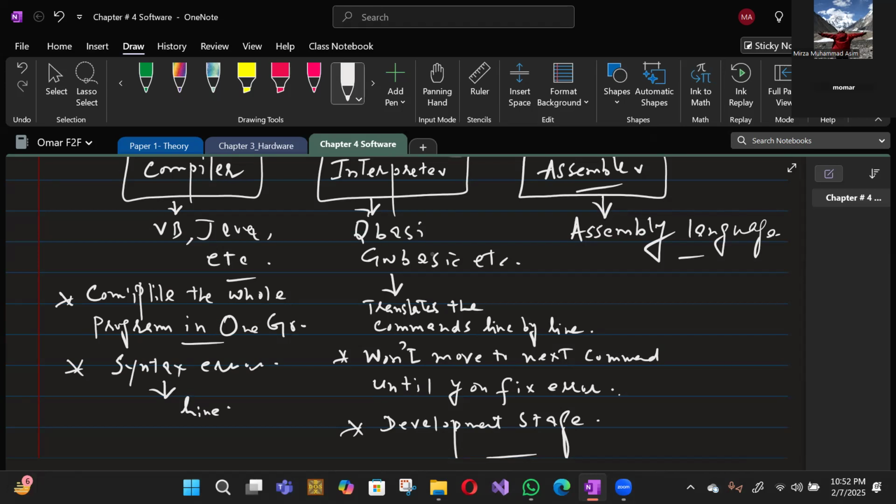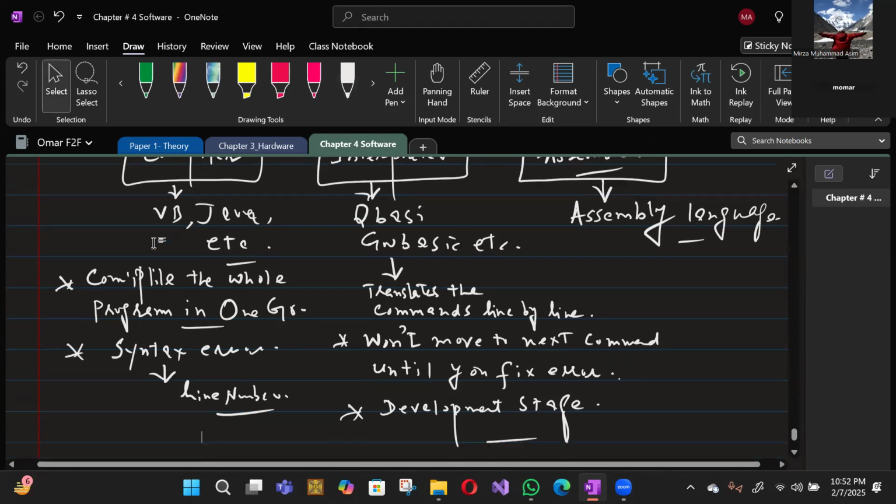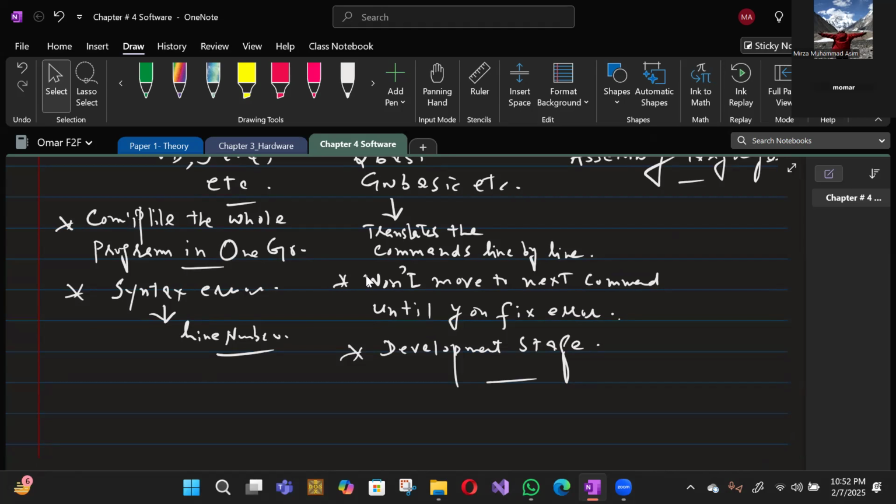It tells you the line numbers, or it will take you directly to the syntax where you have made some mistakes, right? So at the end, you can fix the error at that line number, whatever the command is there, so you can compile the program again. Compile means to find out the errors, syntax errors.